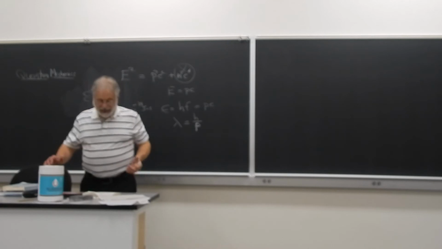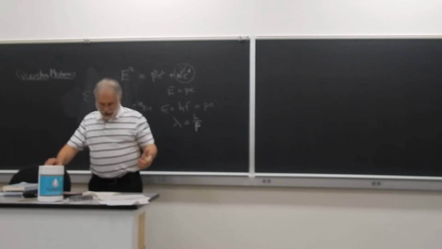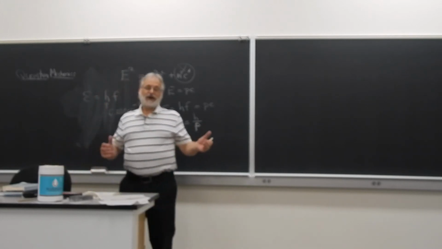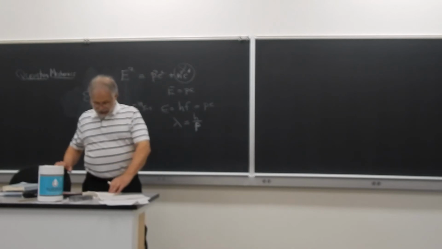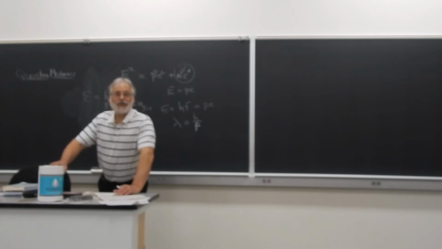What this says is that any moving particle that has a momentum should have a wavelength associated with it. And of course, we saw that later on this would happen in experiments by Davisson and Germer that showed that a beam of electrons had wave-like properties.